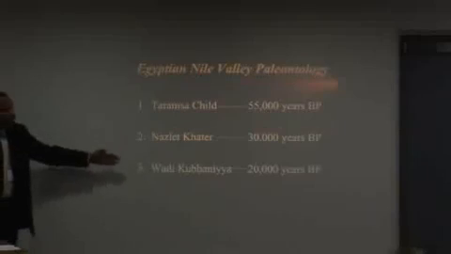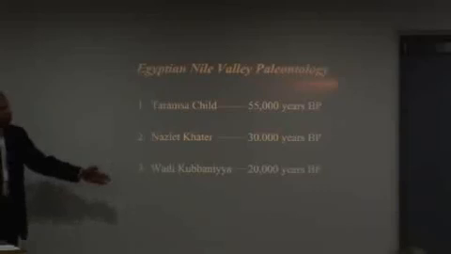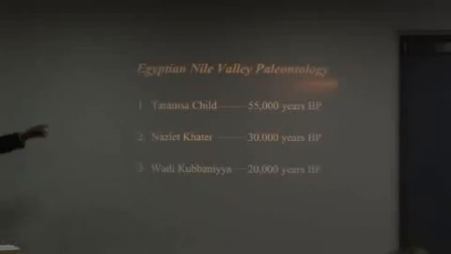In Egypt, we have, as I said, a long history of human habitation. Not a lot of fossils, but things going back to 55,000 years ago, which according to some geneticists is before the period of time that modern humans left Africa, at least through the northern exit. So we've had people there.